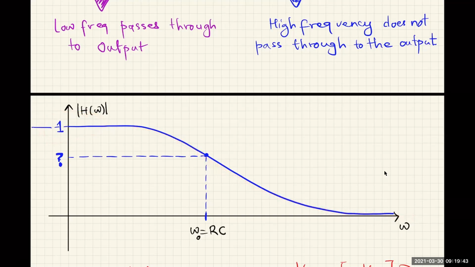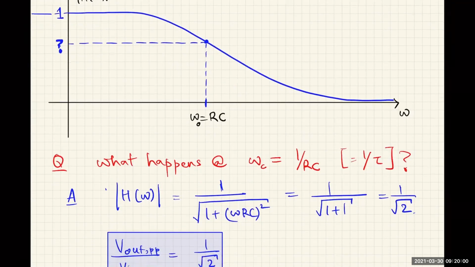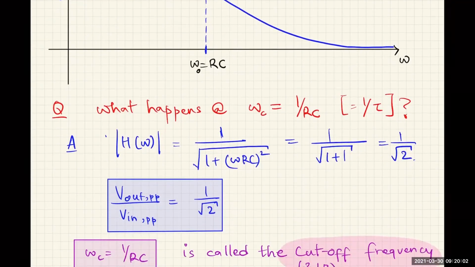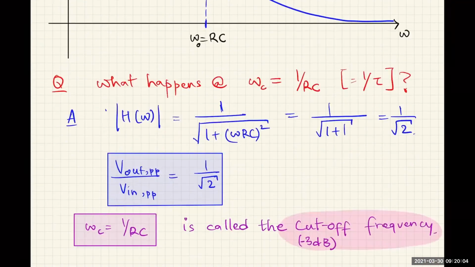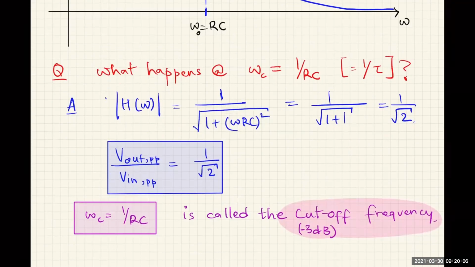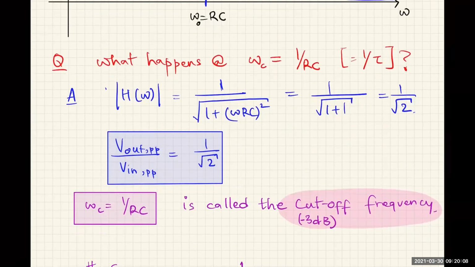Now, one natural question to ask is: we said that something special should happen at omega equals 1 over RC because it's a characteristic time scale. So let's look at what happens there. At omega equals 1 over RC, if you replace that in the expression, you'll see that the output to input ratio becomes 1 over square root of 2.